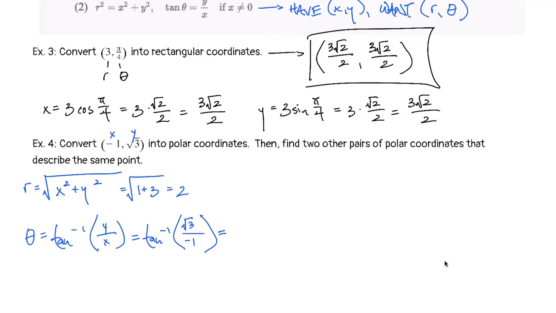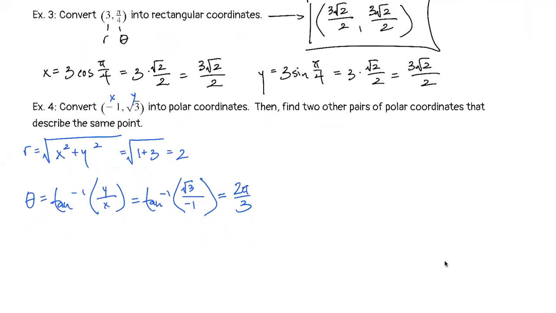Would it be in quadrant 2 and 5 pi over 6? It is quadrant 2, yeah, because negative 1 and then root 3 is in quadrant 2. But we need the y value to be bigger than the x value. That's not 5 pi over 6. That's actually at 2 pi over 3, okay?